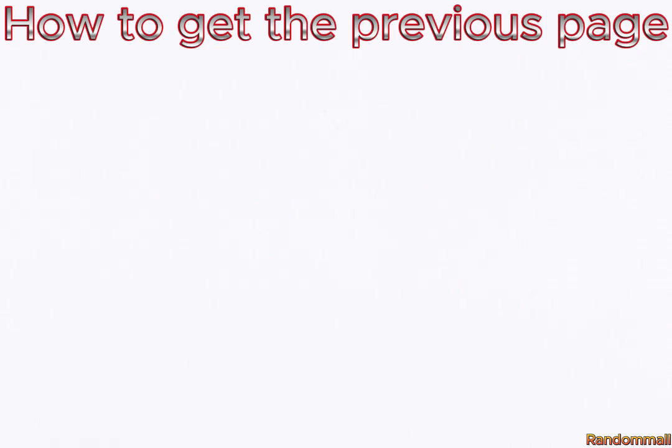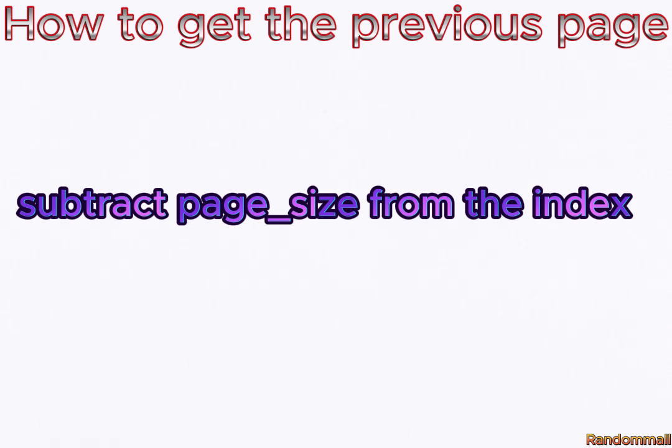Just like that. So how to get the previous page? To get the previous page, we simply subtract page size from the index, which will give you the starting index of the previous page.